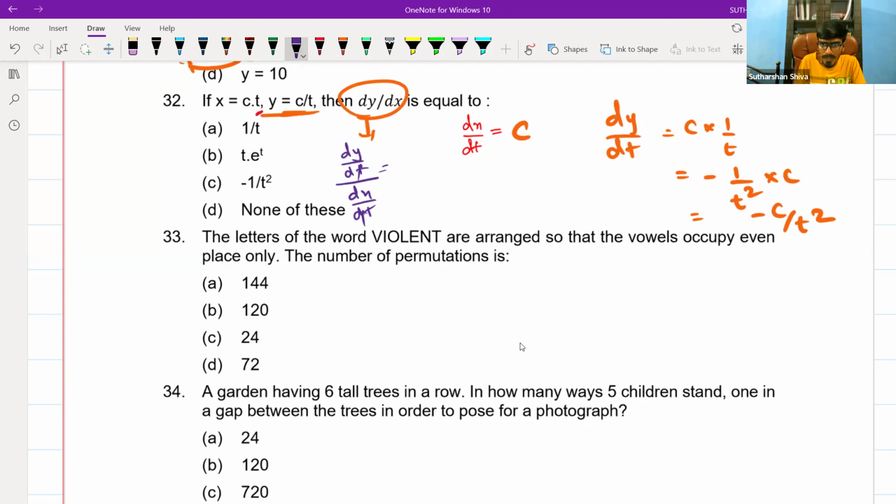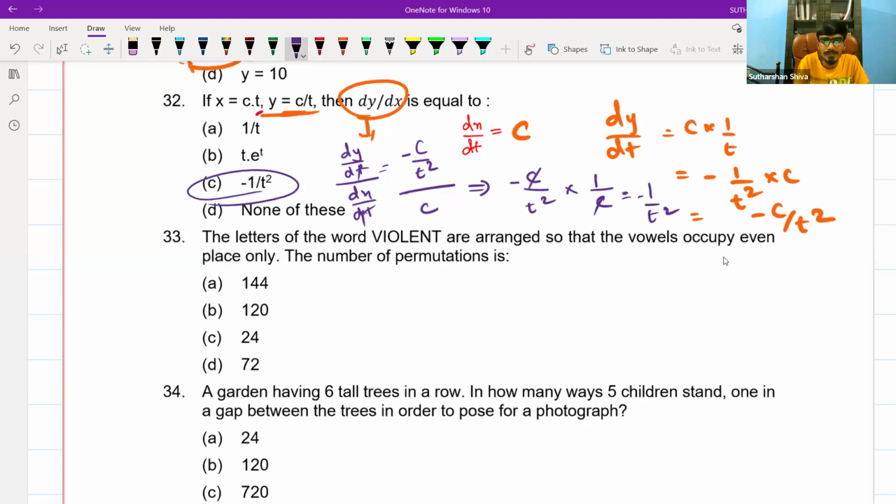So here it will become minus C divided by t square divided by C. Finally, it will become minus C divided by t square into 1 by C. Then C, C gets cancelled. It will become minus 1 by t square. Option C is my answer.